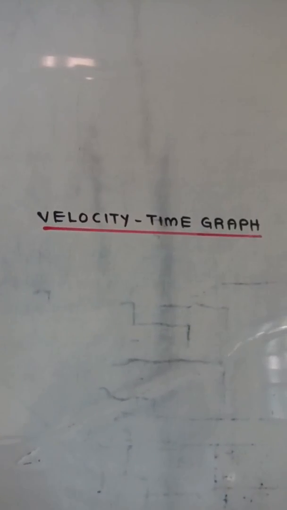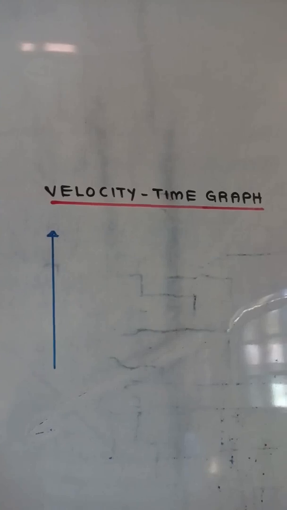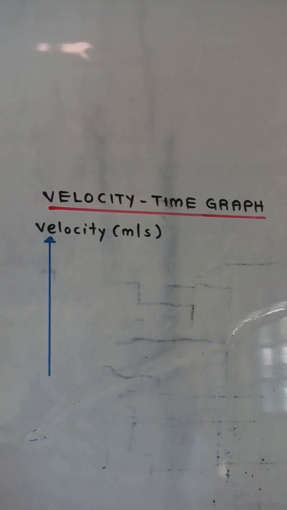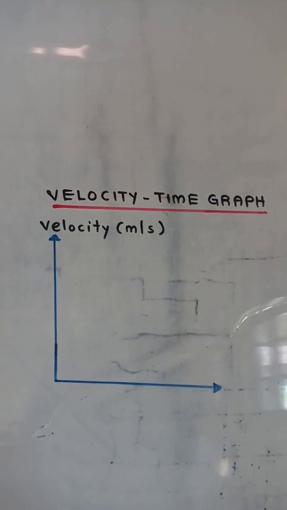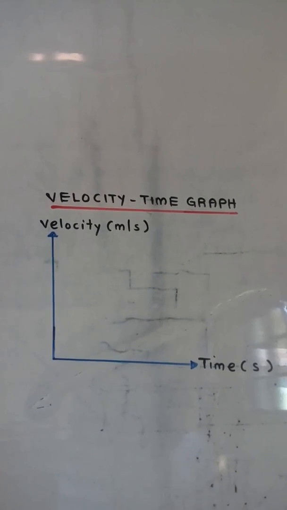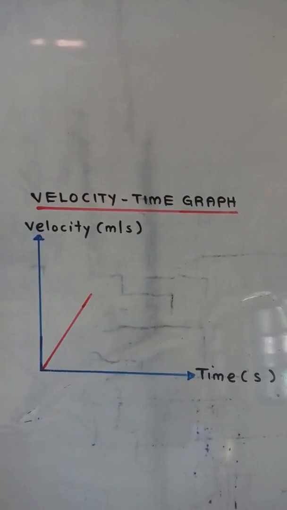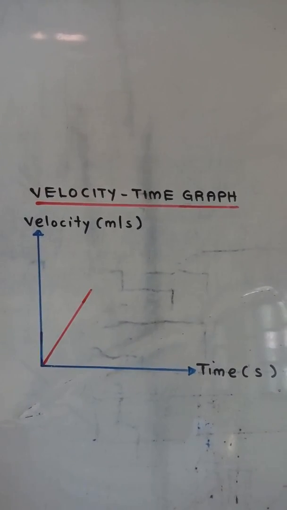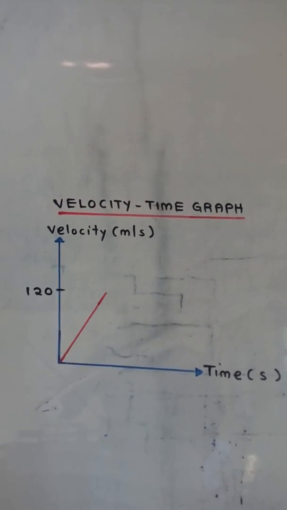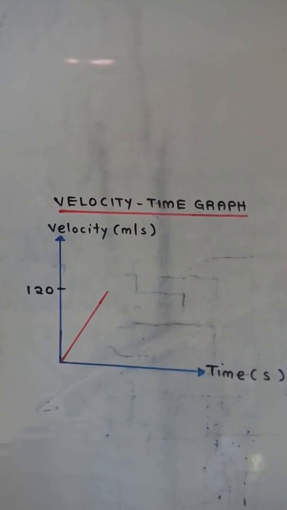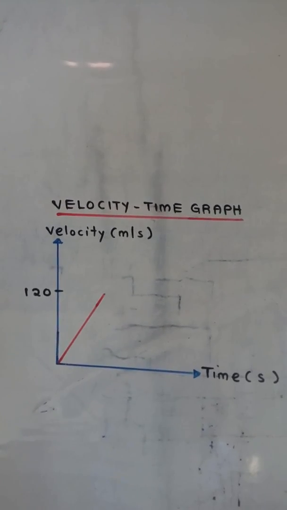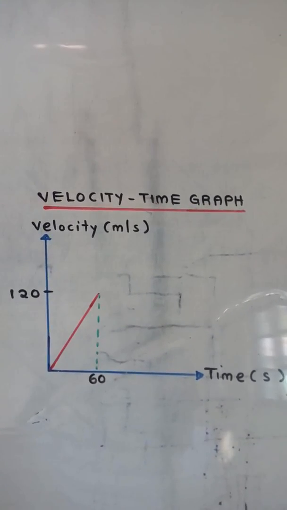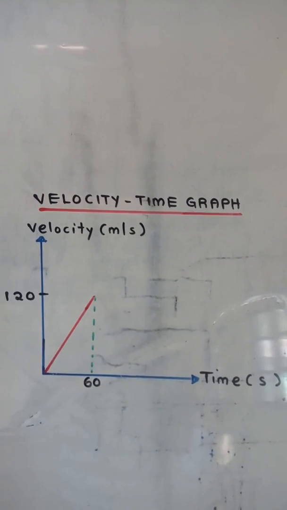Solution: velocity time graph. Velocity in meters per second, time in seconds. A car starts from rest and accelerates to a velocity of 120 meters per second in 1 minute, which is 60 seconds.